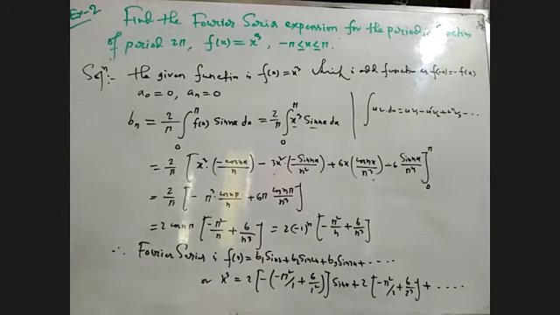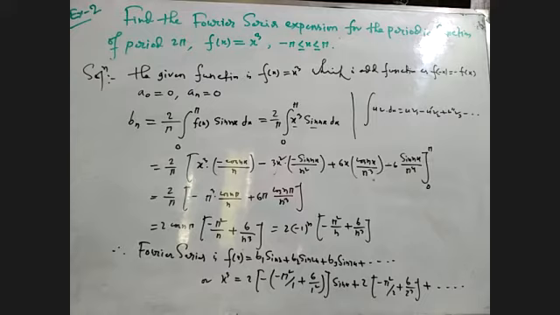Understand everybody? Just putting f of x equals to x cube and bn values. If we put n equals to 1, then we get b1. If n equals to 2, then b2. And if n equals to 3, then b3.